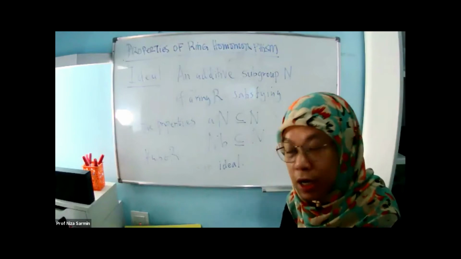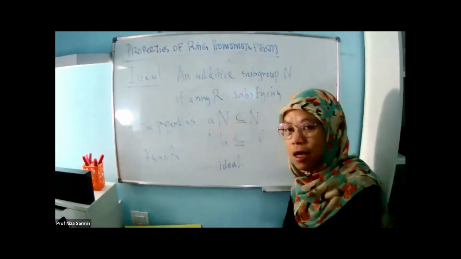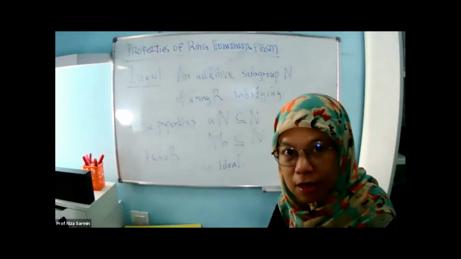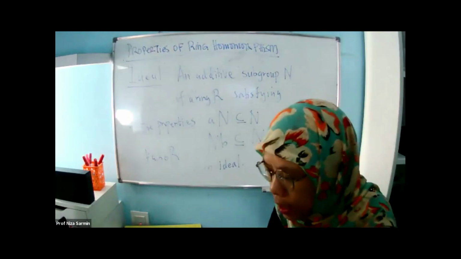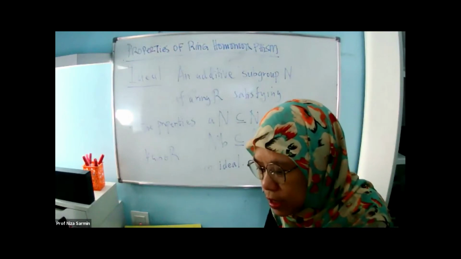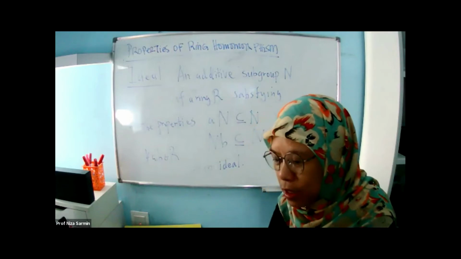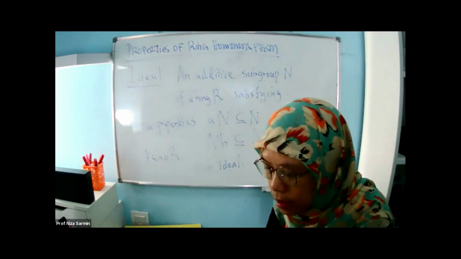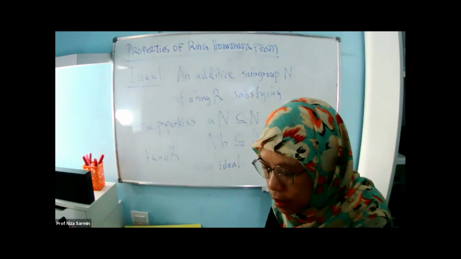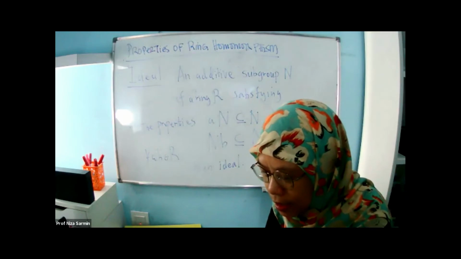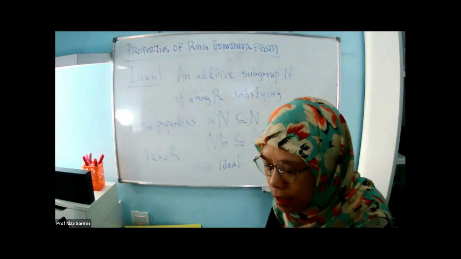If they are commutative, these are the same, right? AN is NA. So the first example, nZ is an ideal in the ring Z.